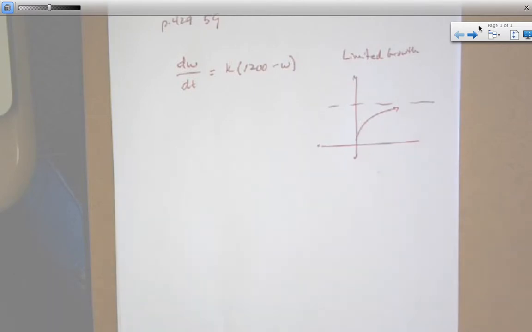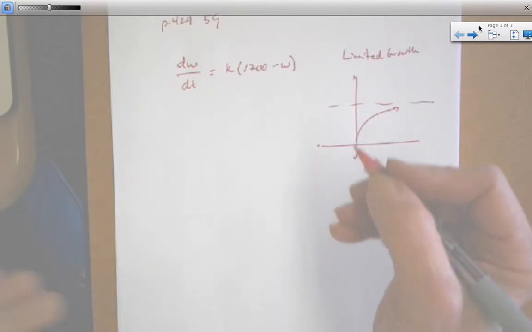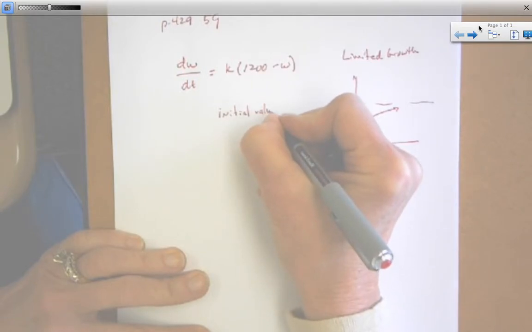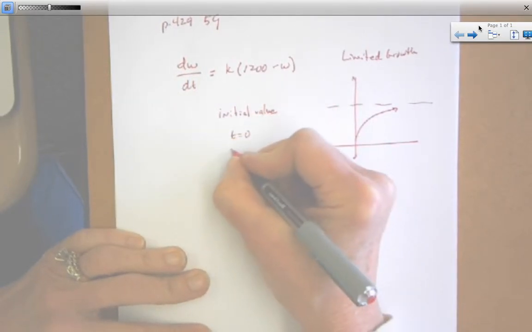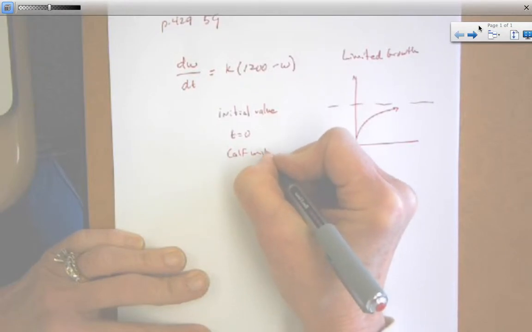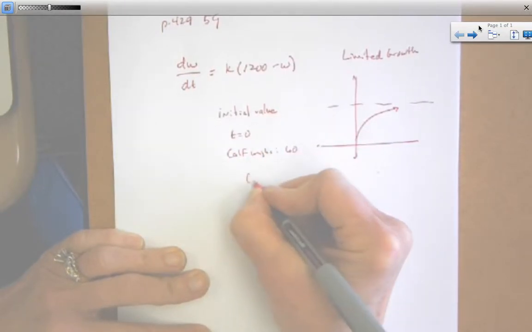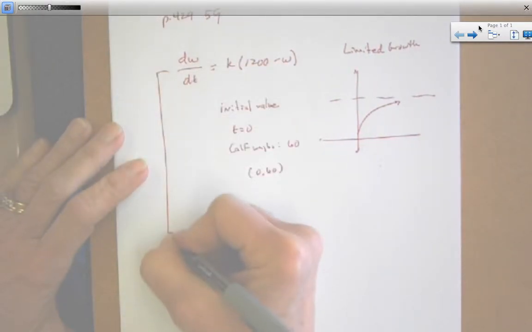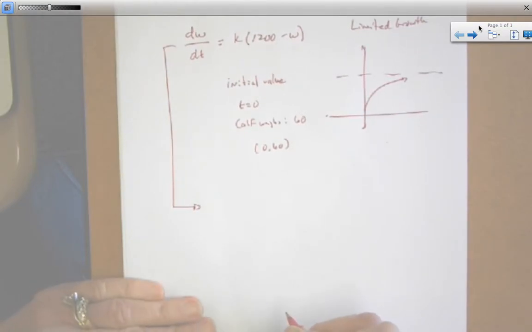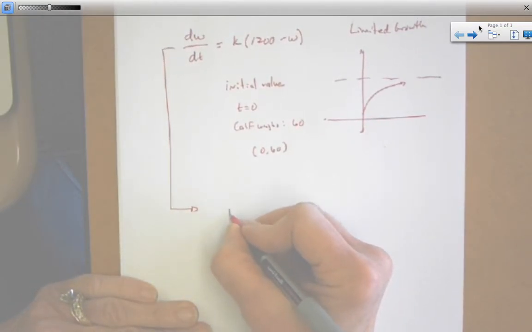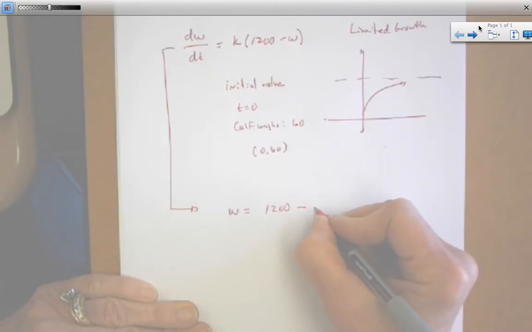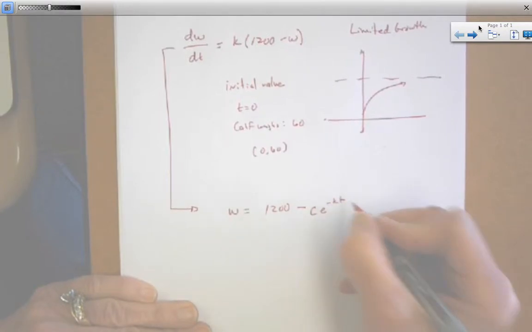Okay, so we know that at birth, so initial, when t equals 0, the calf weighs 60 pounds. Since this is limited growth, I'm not even going to anti-differentiate. I'm going to just put it in its form: W equals 1200 minus C e to the negative kt.